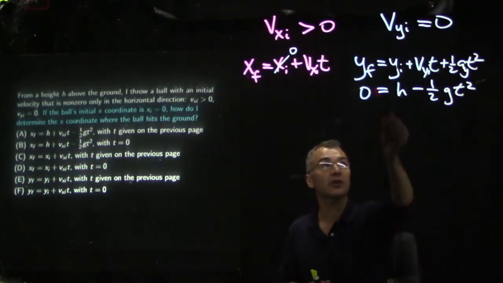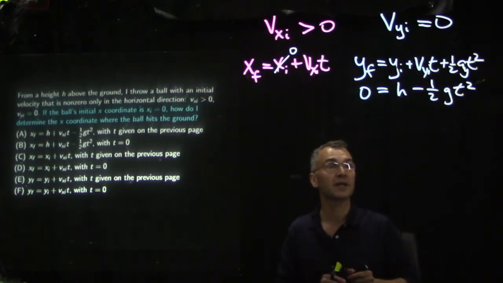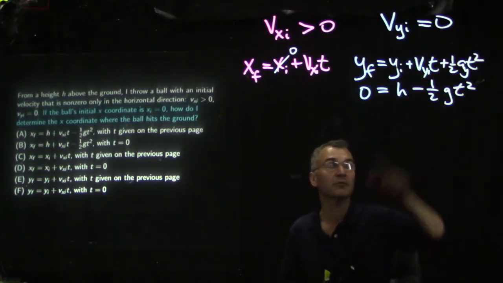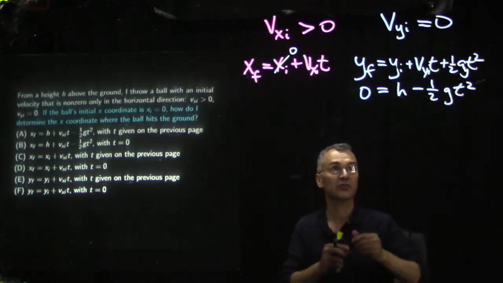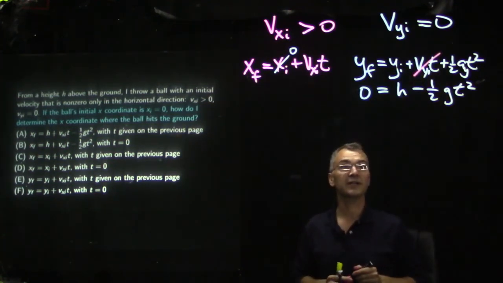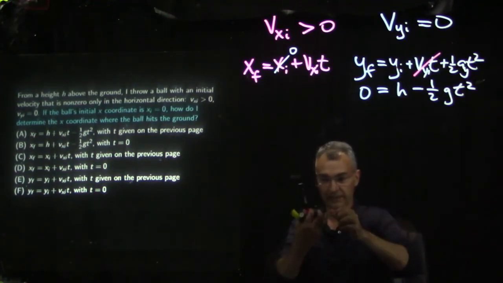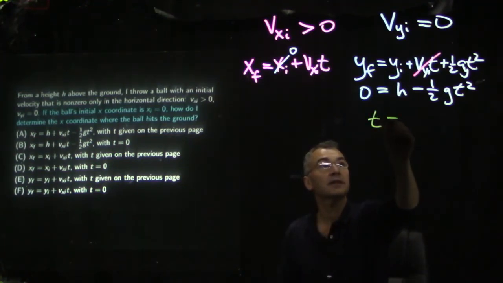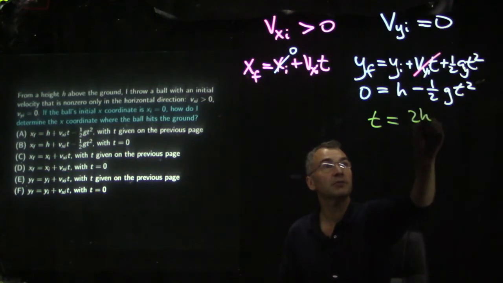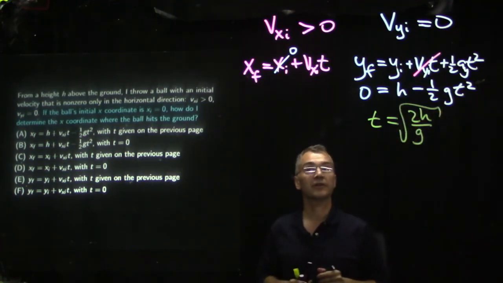So we wrote this equation down on the previous page. If we start from a height h and fall down with 0 initial velocity in the y direction, then we can solve for time, and we get time equals the square root of 2 times height divided by little g.